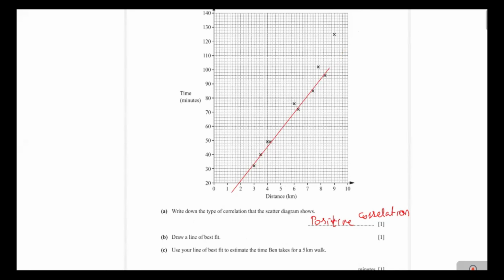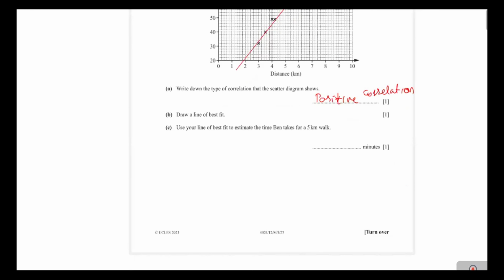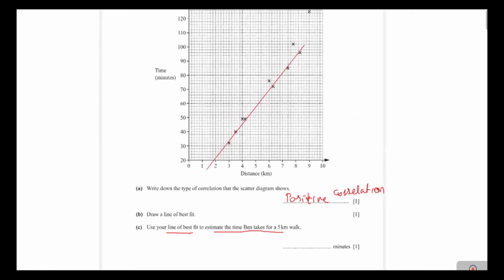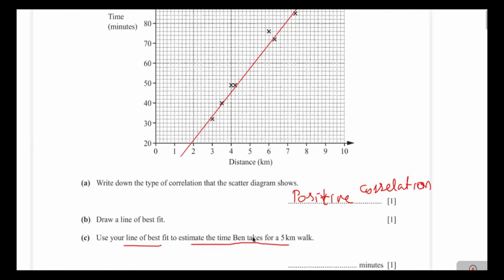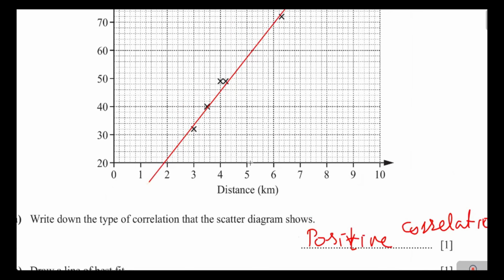Now, after drawing the best fit line, part C, use your line of best fit to estimate the time Ben takes for a 5 kilometer walk. Now you see here, we have to find the time at 5 kilometers by drawing a line from 5 kilometers towards the line, and this line intersects at this position.